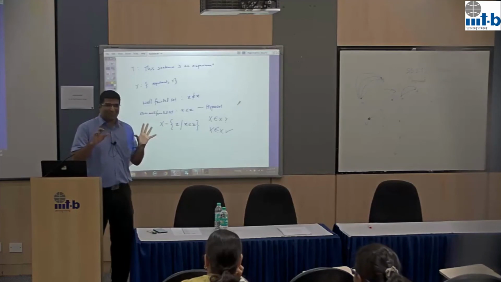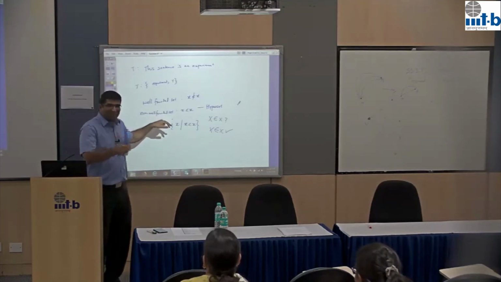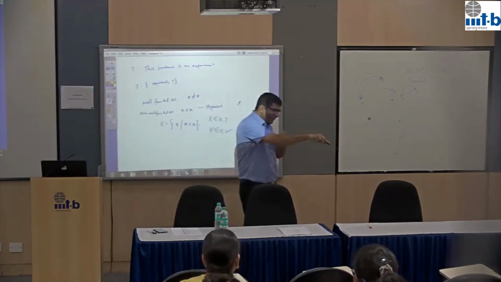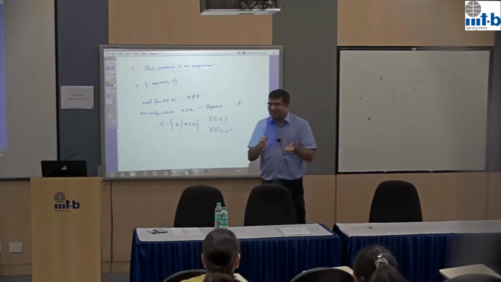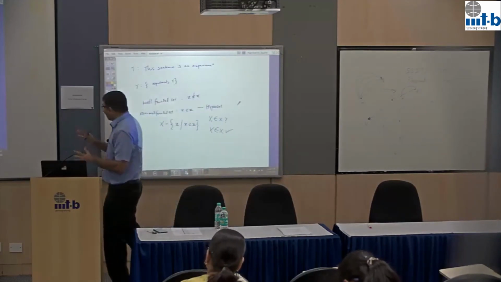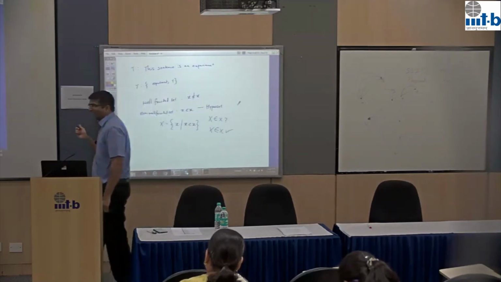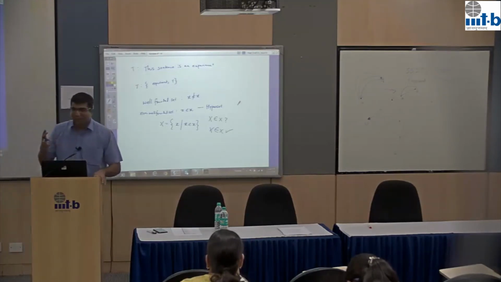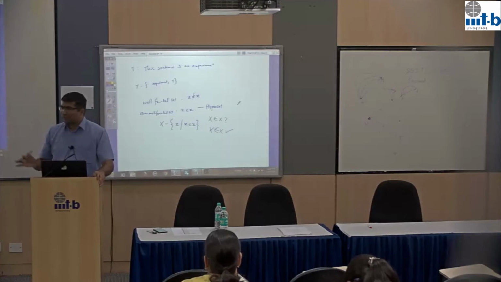But what is the problem? It's not well founded. How do I get to either of those? Once you go here, you can go there. Once you go there, you can go here. But how do I go there in the first place? It's the same problem with recursion. Fibonacci numbers: F of n equals F of n minus 1 plus F of n minus 2, which is fine, except that you should define what is F of 0 and F of 1.